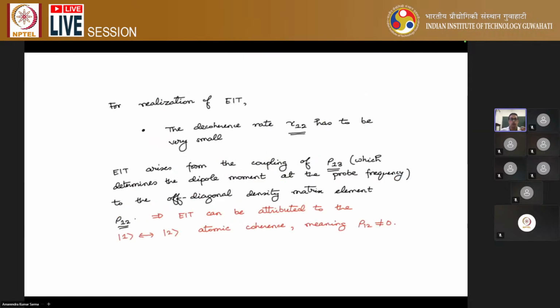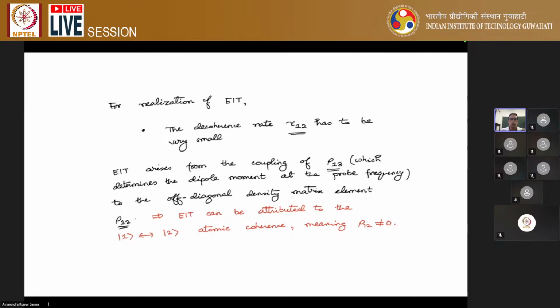Then we discussed some requirements. You have to understand, because of all the detailed mathematics that we have done, the main result is that the decoherence rate has to be very small if you really want to have realization of EIT in a laboratory.